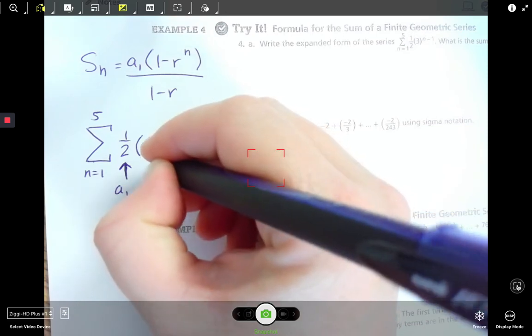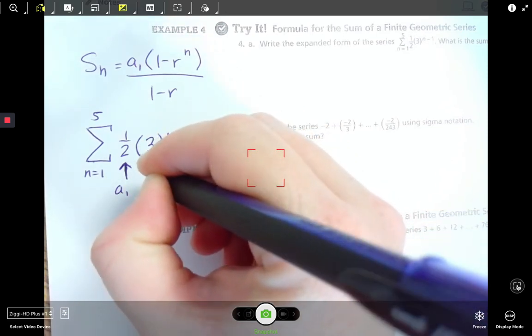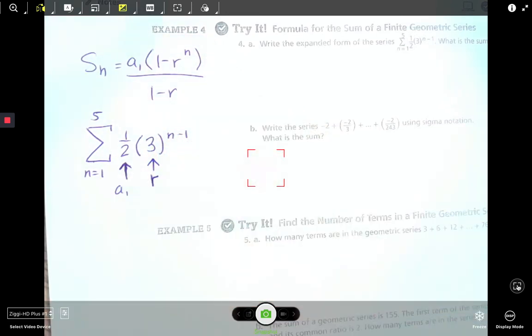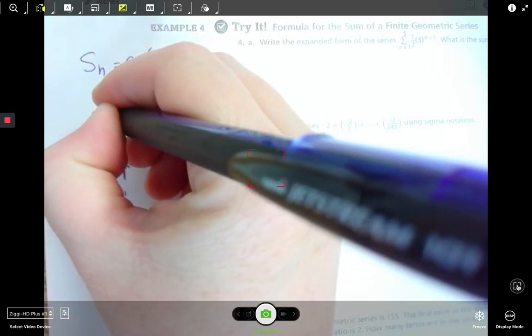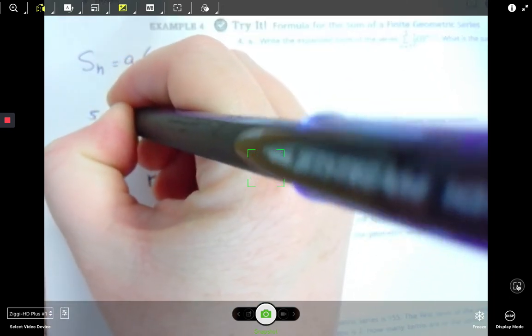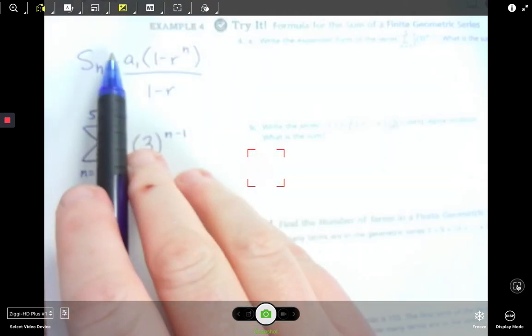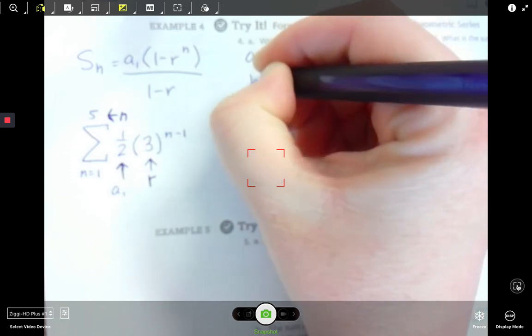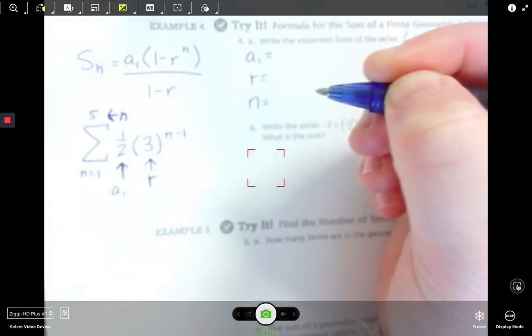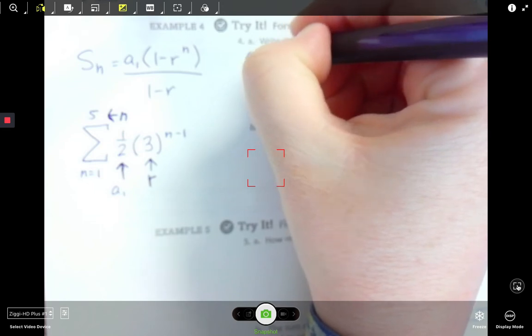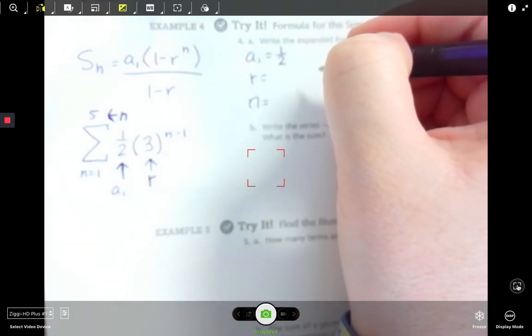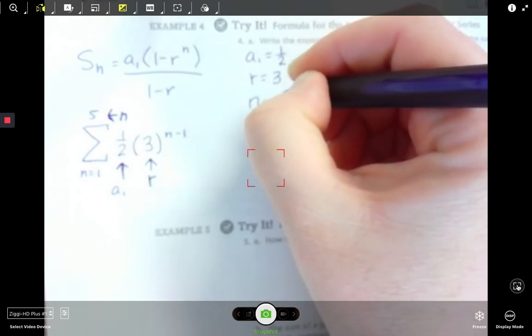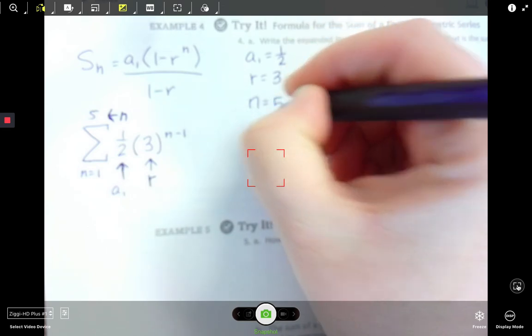What's in parentheses is your common ratio, so that's r. What is at the top of the sigma notation is n. So the three things that you need to know for this formula are a sub 1, r, and n. A sub 1 is 1/2. R is equal to 3, and n is equal to 5.